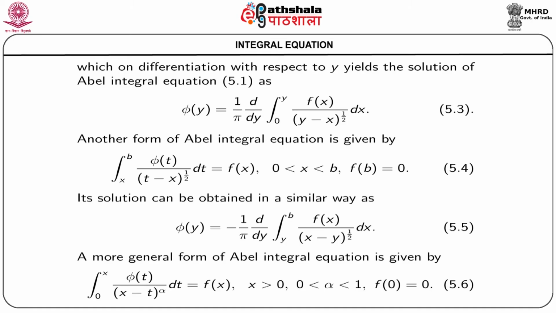Here, the kernel of the integral equation is x minus t to the power alpha, which is in the denominator of the right hand side of equation 5.6, and this alpha lies in the interval 0 to 1.